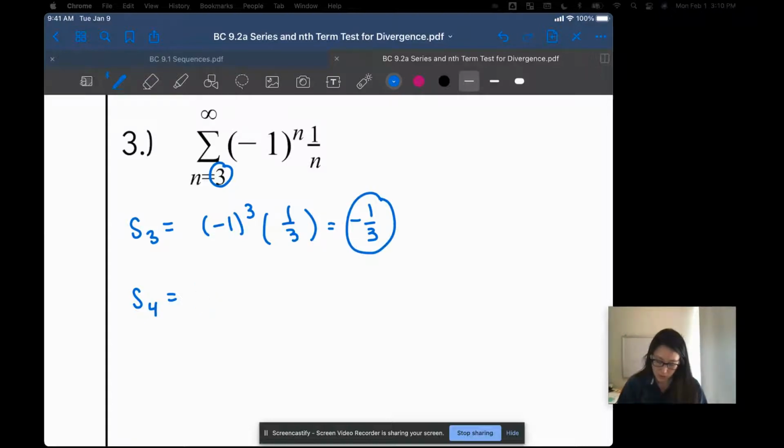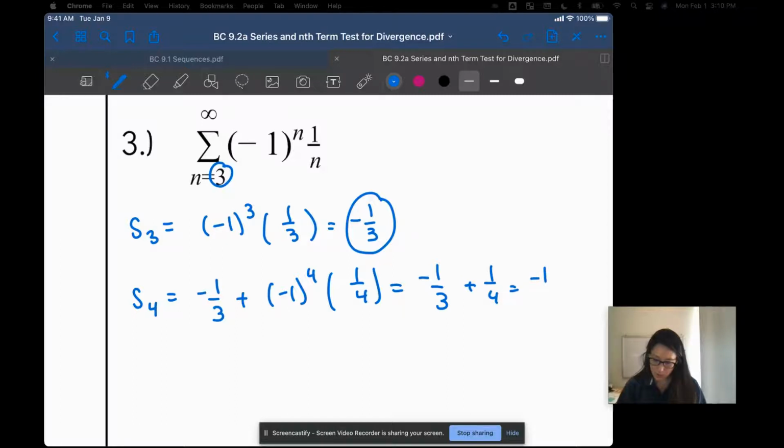So negative 1/3 plus negative 1 to the fourth times 1 over 4 for the 1 over n. So that's basically negative 1/3 plus 1/4, which gives me negative 1/12, I believe.